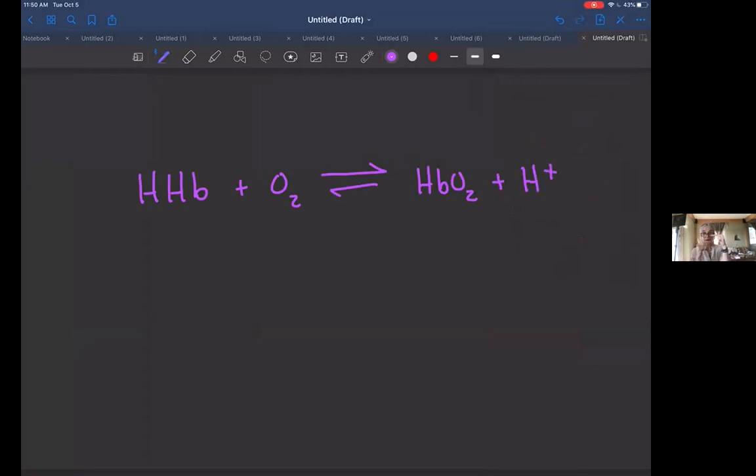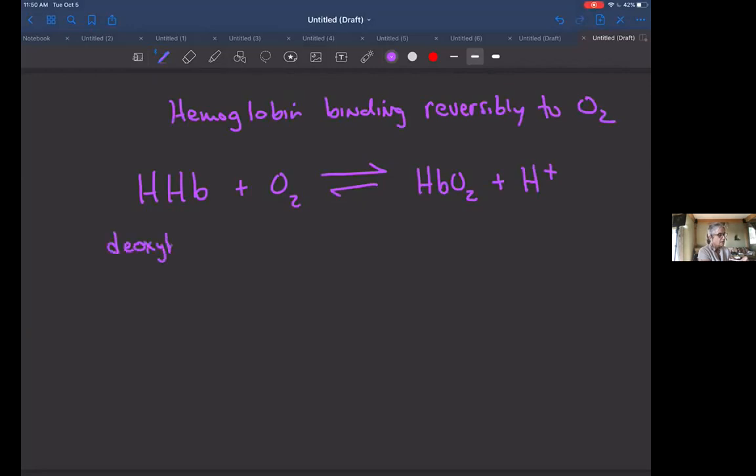And that double arrow just means that it goes backwards and forwards depending upon the environment. So this is hemoglobin binding reversibly to oxygen. Okay, so this is deoxyhemoglobin. And this is oxyhemoglobin.